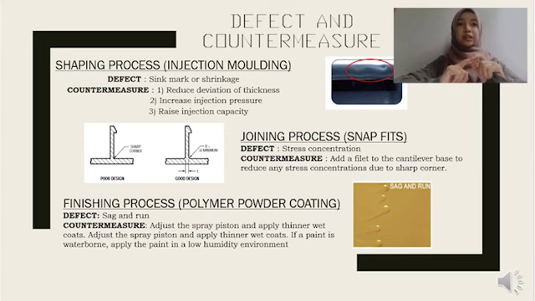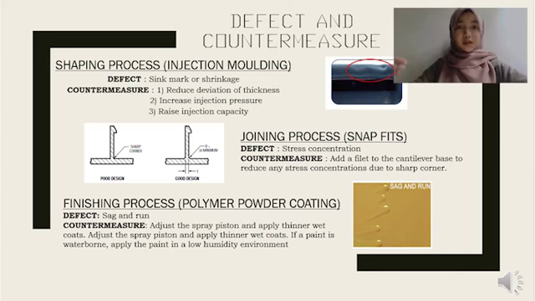Second, we can increase injection pressure. And third, we can raise injection capacity. Second, for the joining process, we use the snap fit process. The defect that may occur for this process is stress concentration.